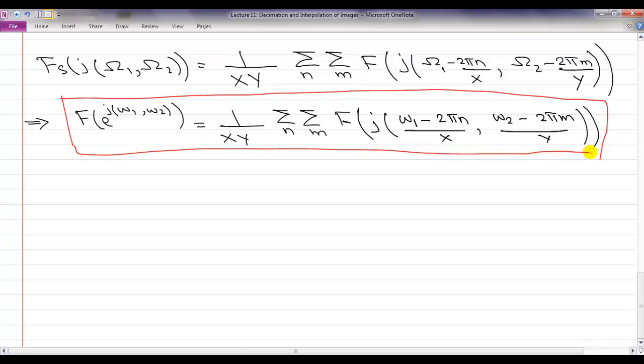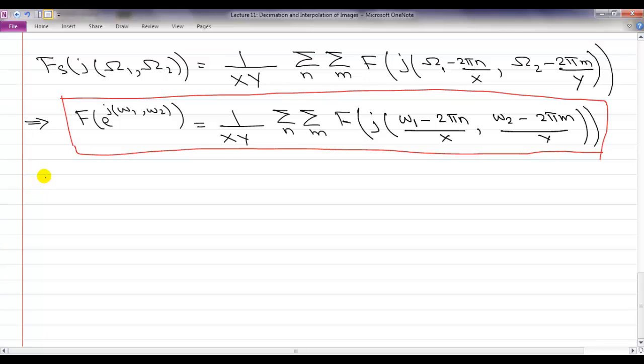In the 1D signal, we get 1 over T, we have one summation and one frequency. So T takes the place of capital X, and of course we don't have anything called capital Y there because it is one-dimensional.